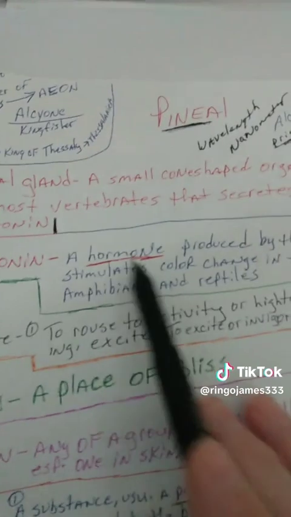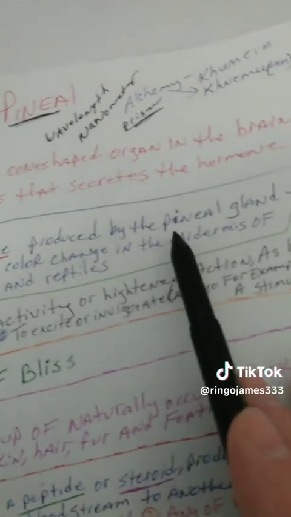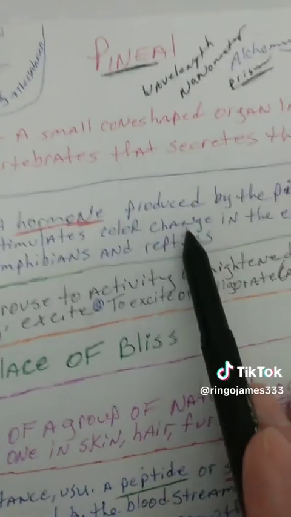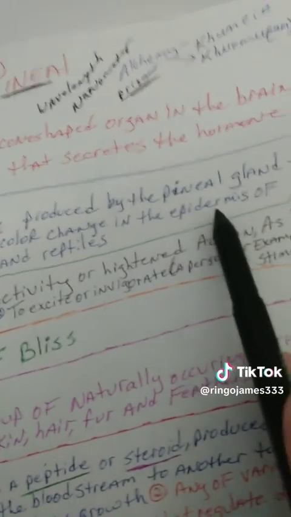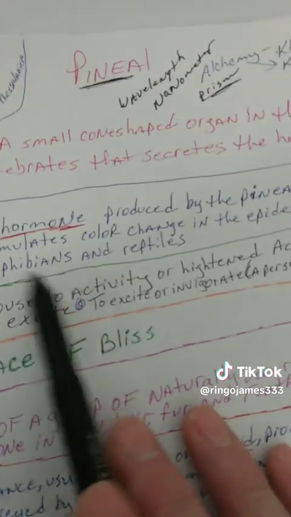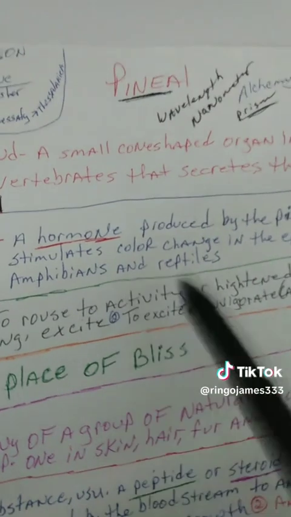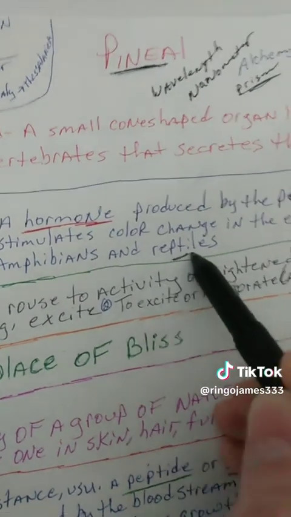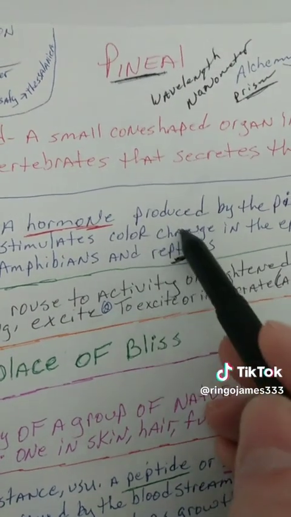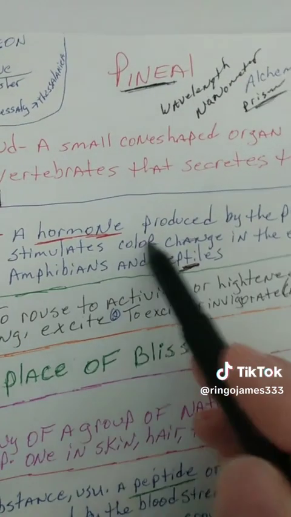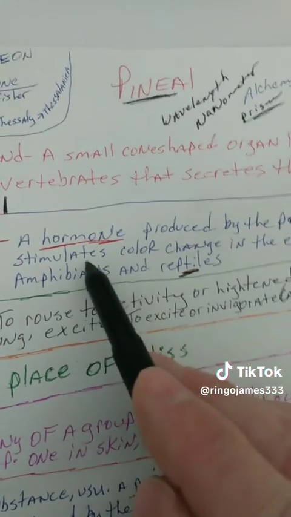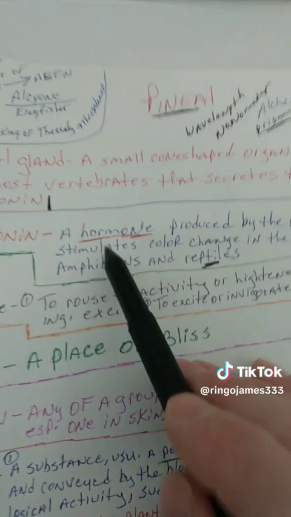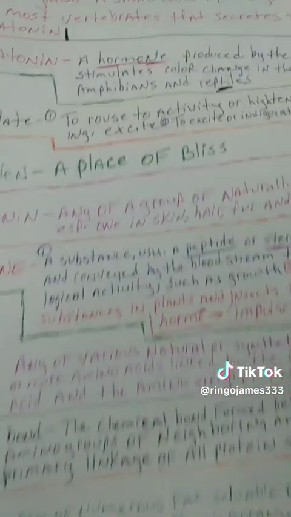Melatonin is the hormone produced by the pineal gland that stimulates color change in the epidermis of amphibians and reptiles. The color change, it stimulates color. All right, if it stimulates color, what does it mean by stimulate?